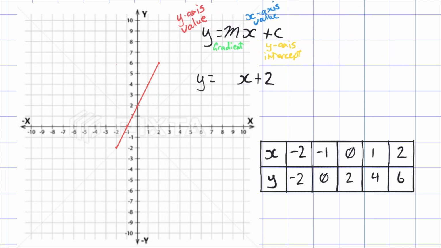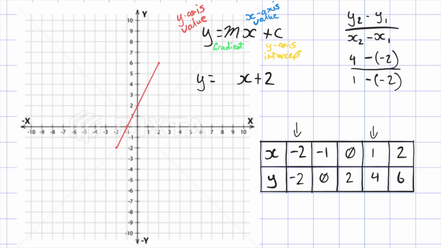Now, I know that my formula for gradient is going to be y2 take y1 over x2 take x1. Well, my y2 value, I've chosen to use this as my point 2. So that's going to be 4 take, and my y1 value along here is going to be -2, over my x2, which is 1 take -2.